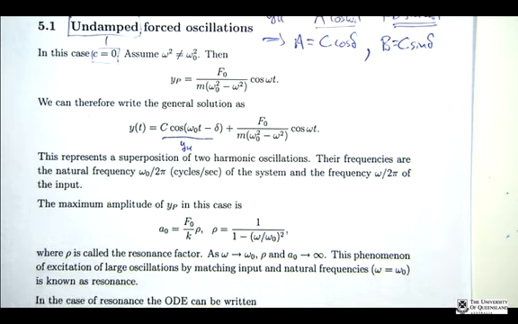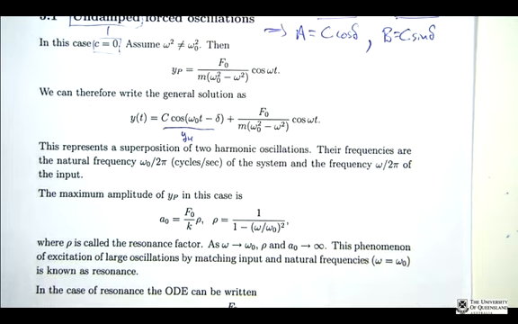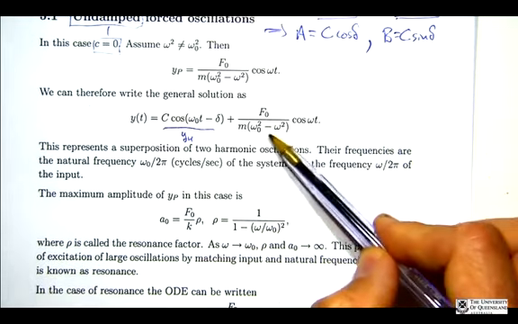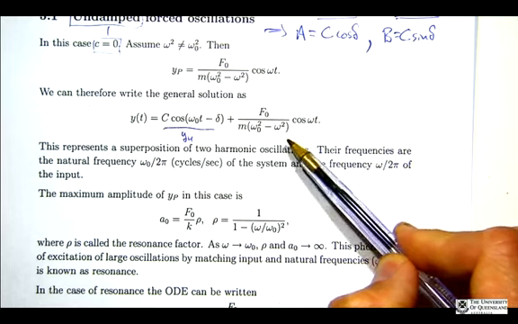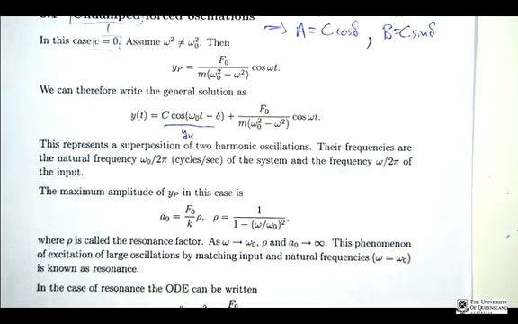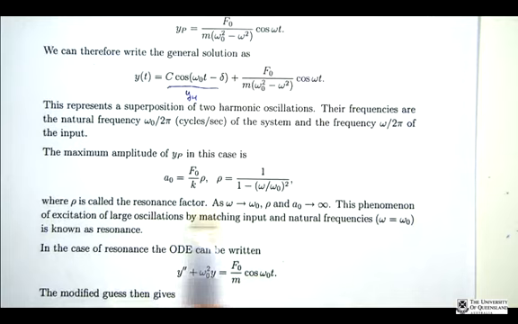And in fact, you can see in the limit as omega naught squared minus omega squared goes to 0, that actually blows up to infinity. All right, so that's what's discussed just down here.